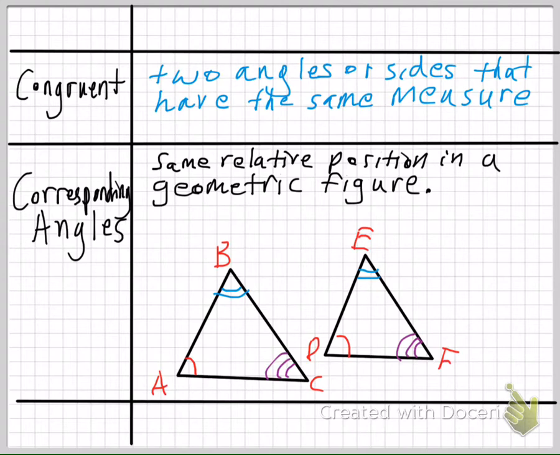All right, well, if this is the case, then the triangle ABC is congruent to the triangle DEF. We need to make sure that we have those same pieces, the pieces which are congruent, in the same position in the order that we're writing our triangle.